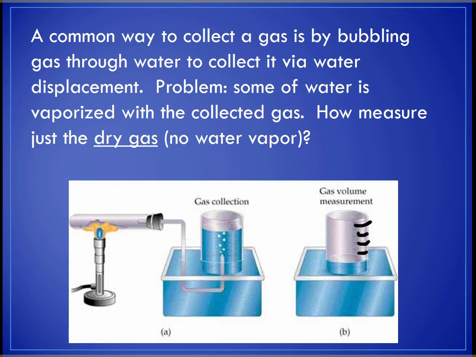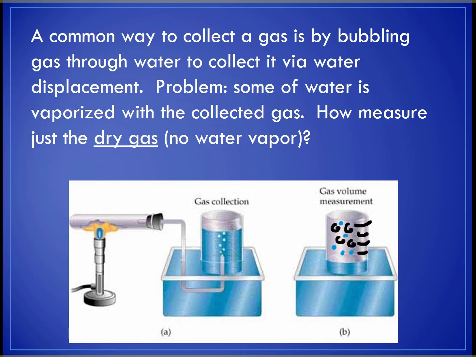There's a problem with this, however, and that is that not only do I have the gas trapped right above the water, but some of my water vaporizes. So I will not only have my gas particles, but I will also have my water particles in there too.